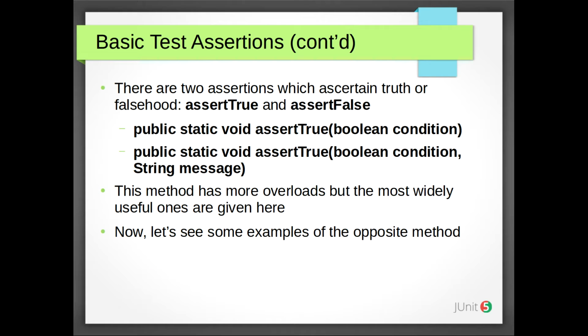There are two assertions which ascertain truth or falsehood: assertTrue and assertFalse. For example, public static void assertTrue boolean condition.